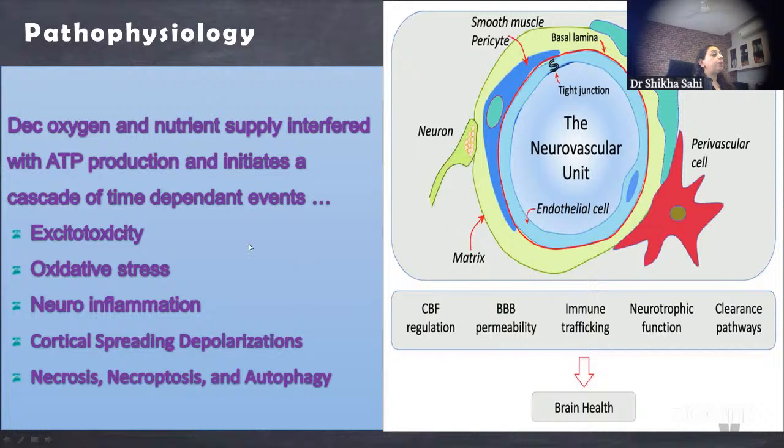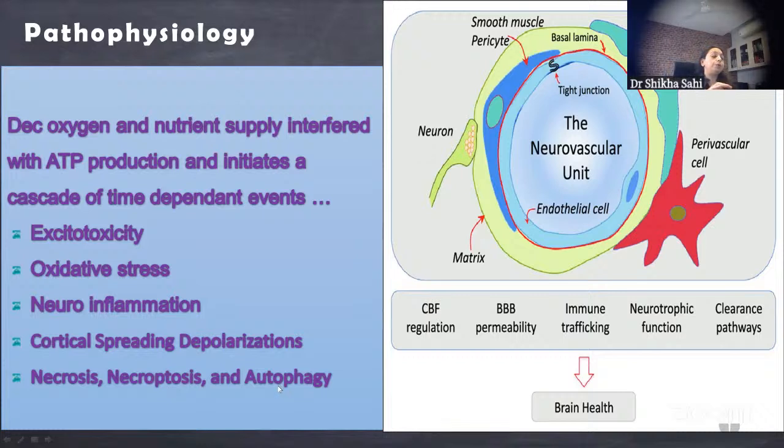So this is at the cellular level. These are the 5 basic mechanisms of the stroke: excitotoxicity, increased production of reactive oxygen species, neuroinflammation, cortical spreading depolarization, necrosis, necroptosis, and autophagy.